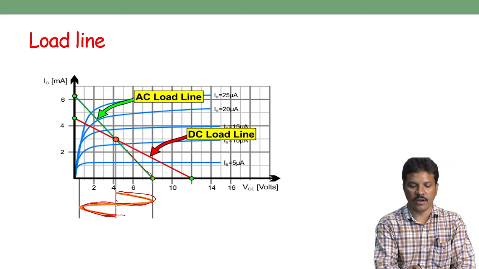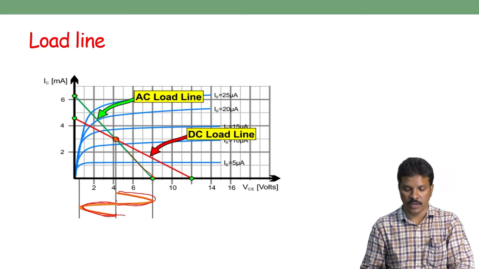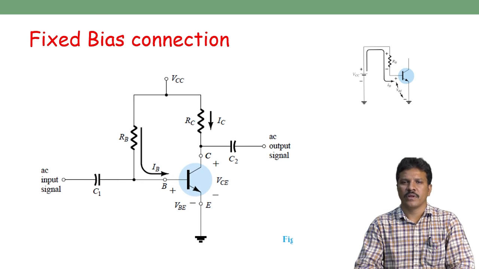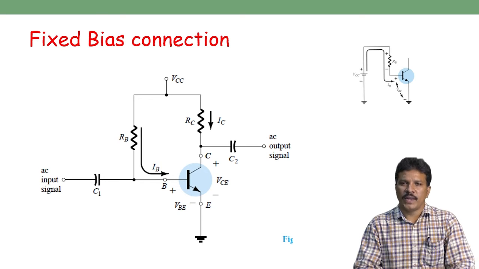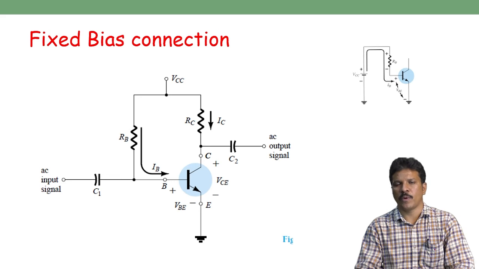The intersection point of the DC load line and the AC load line is called the Q point. Now, in order to get that Q point for a particular amplifier circuit, we have to provide proper biasing.